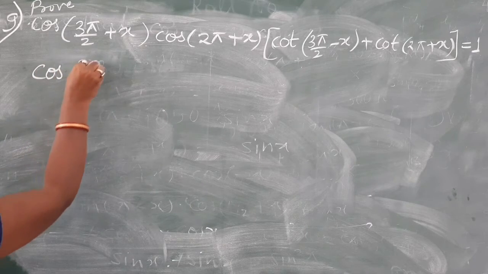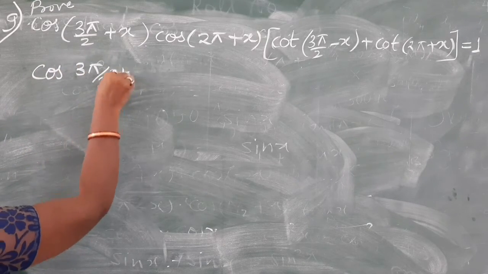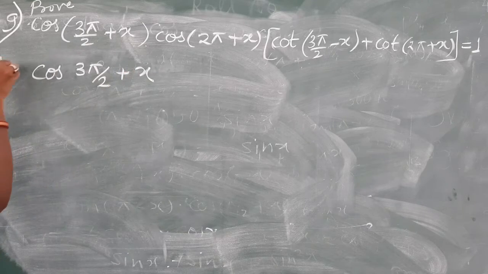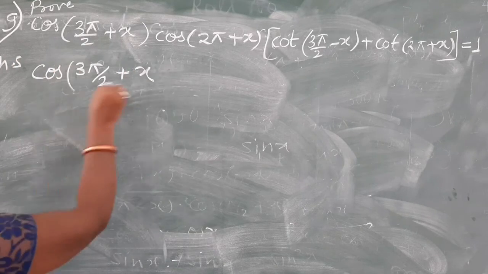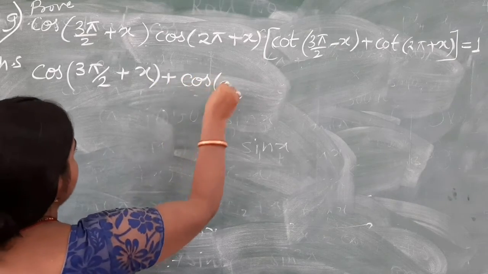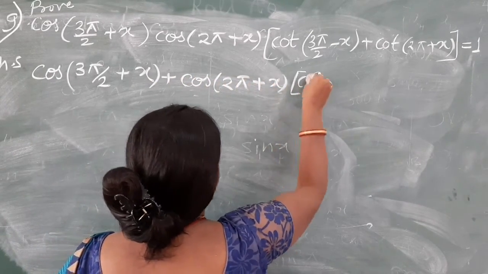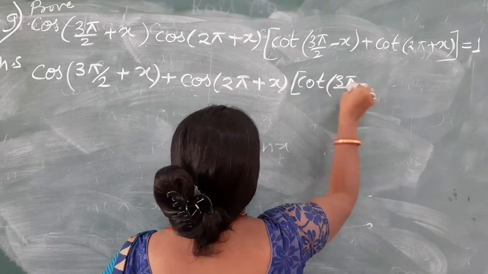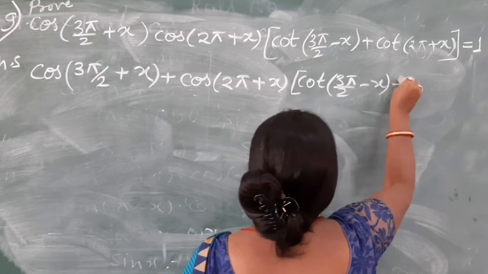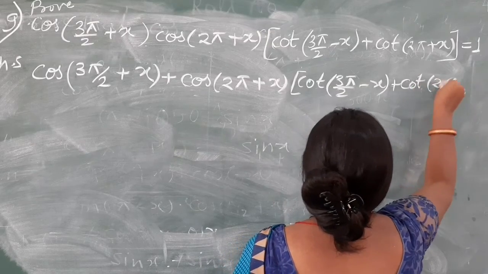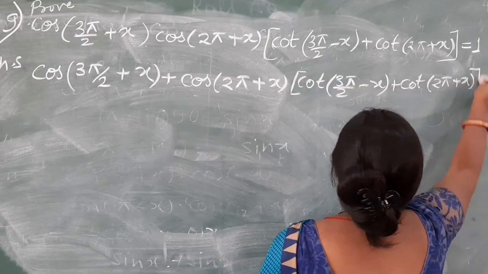So cos(3 pi by 2 plus x) into cos(2 pi plus x) into cot(3 pi by 2 minus x) plus cot(2 pi plus x).